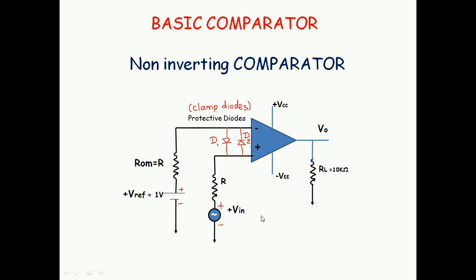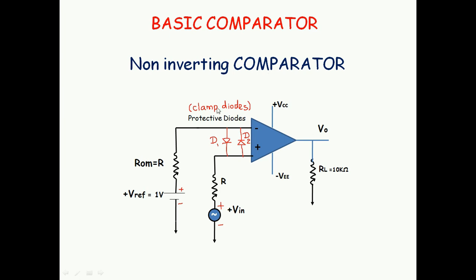So this is the basic of the non-inverting comparator, and the basic comparator is used in applications like analog to digital converter. Specifically, this non-inverting comparator is used as a voltage level detector. Why? Because for the fixed V reference voltage of 1 volt, I am able to detect variable levels of V in. That's why it is called a voltage level detector.